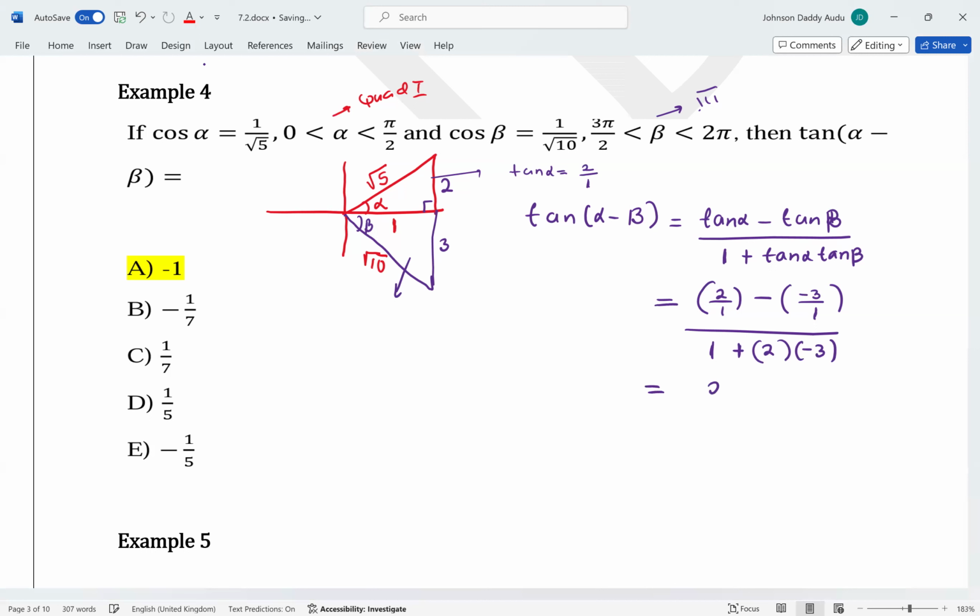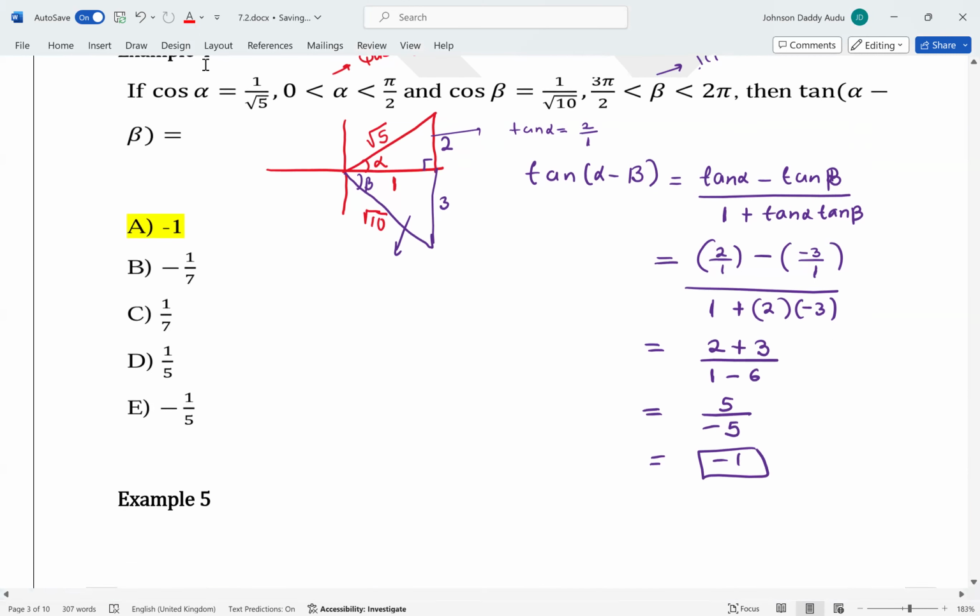So this is just 2 plus 3 over what? This is 1 minus 6. So this is 5 over minus 5. And this is minus 1. Okay? So this is the answer for tan alpha minus beta.